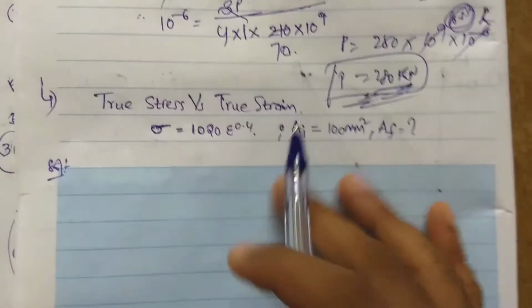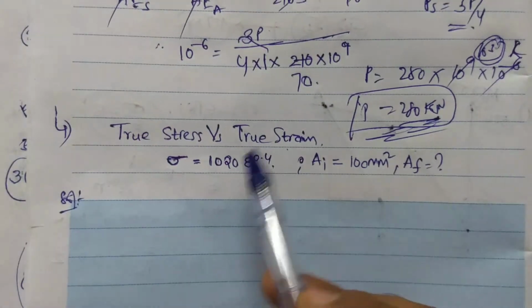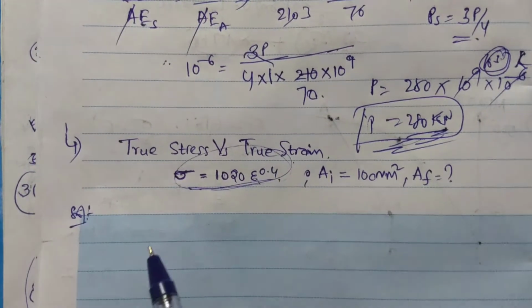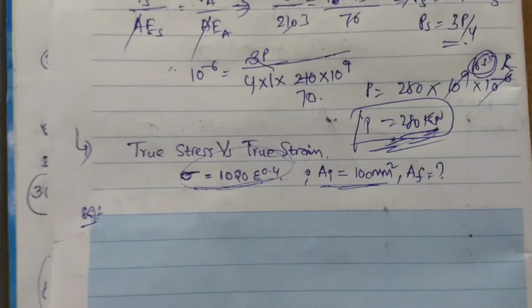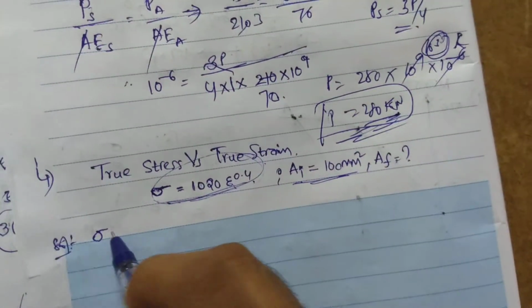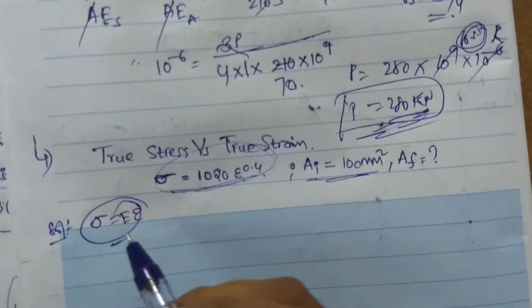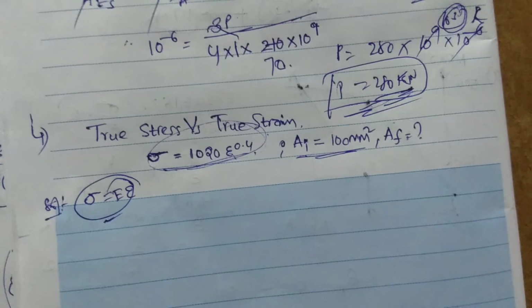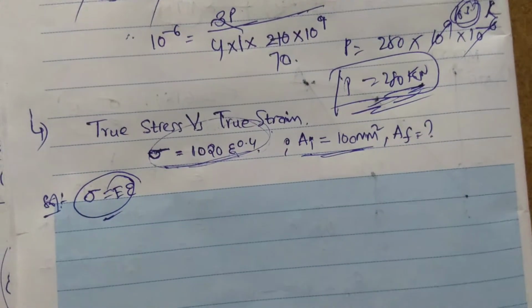Okay, next problem. True stress versus true strain relationship is given as in this equation, and the initial cross section of the bar is given. We need to calculate the final area of cross section. See, the simple relation stress equals Young's modulus into strain is an engineering equation. It doesn't validate the true variations of the cross sections and dimensions of the specimen.